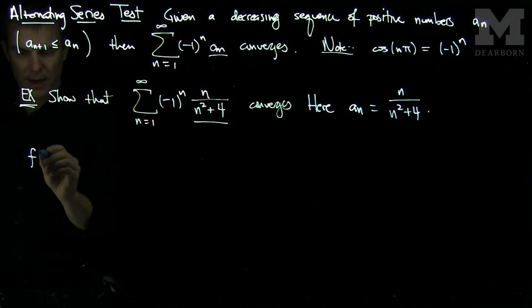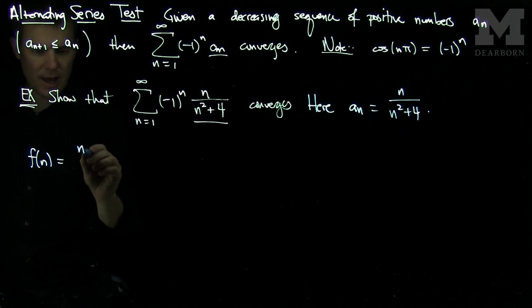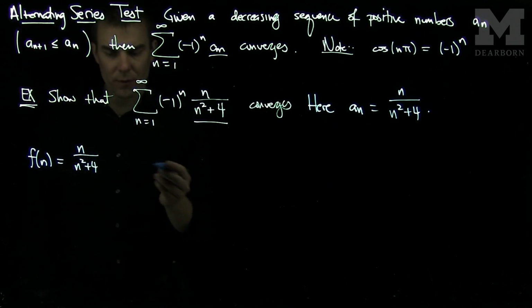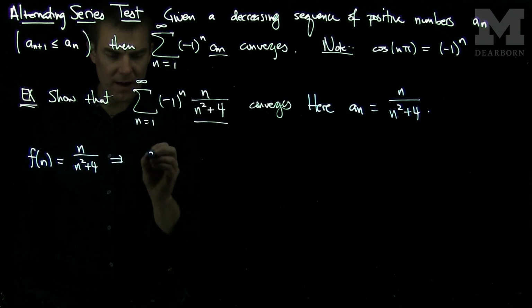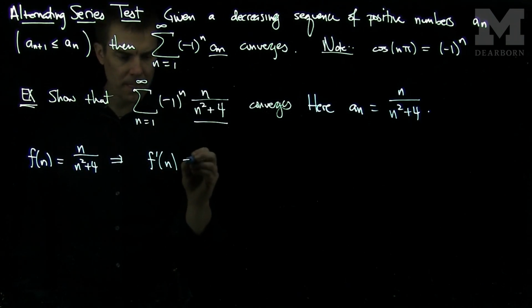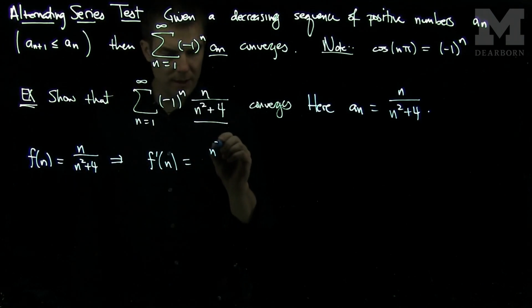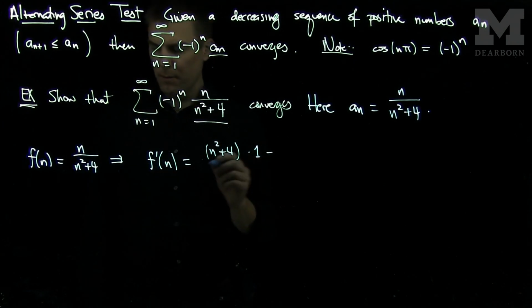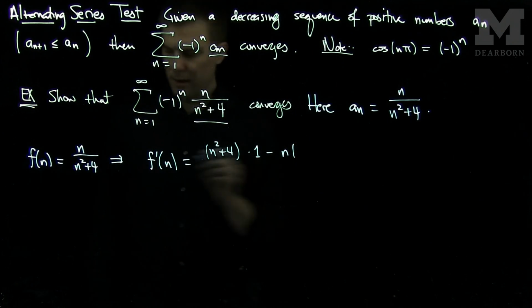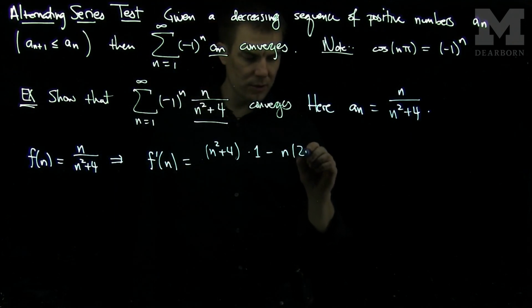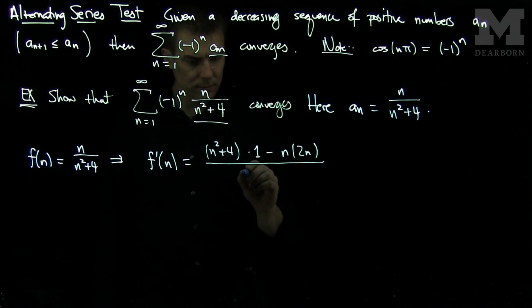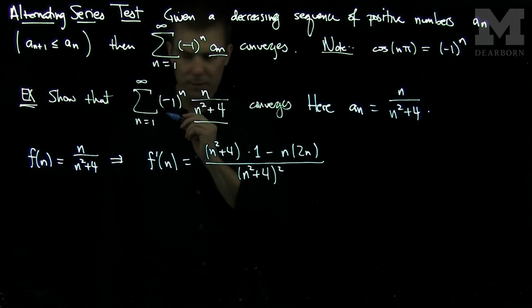So if I look at f(n), which is n over n squared plus 4, and compute its derivative with respect to n, we have that f'(n) is equal to the bottom, n squared plus 4, times the derivative of the top, which is 1, minus the top, n, times the derivative of the bottom, which is 2n, all over the bottom squared, (n squared plus 4) quantity squared.